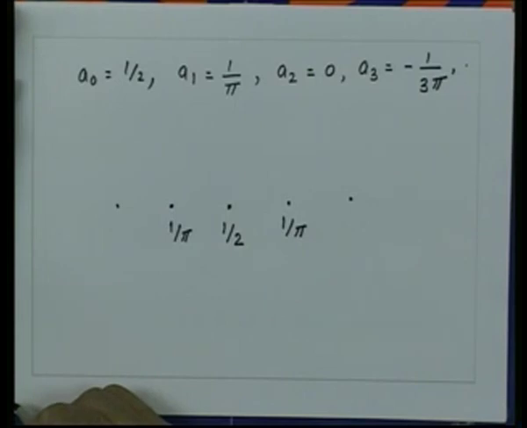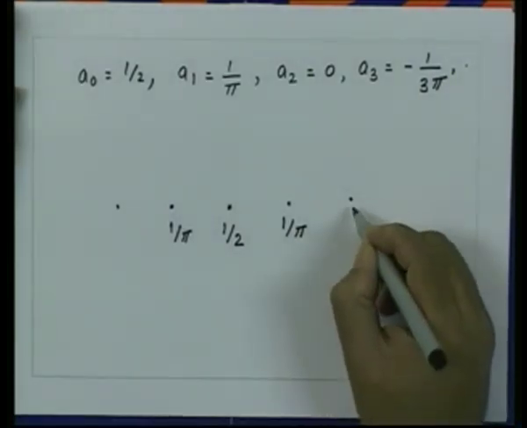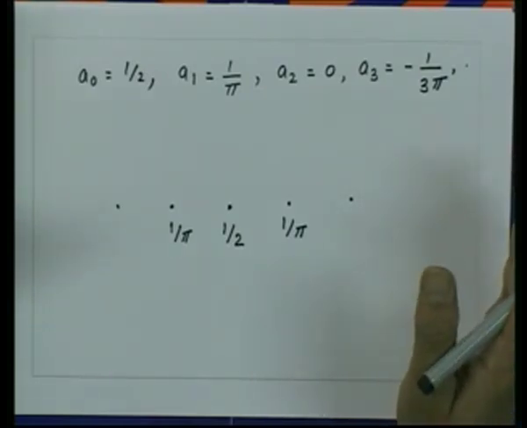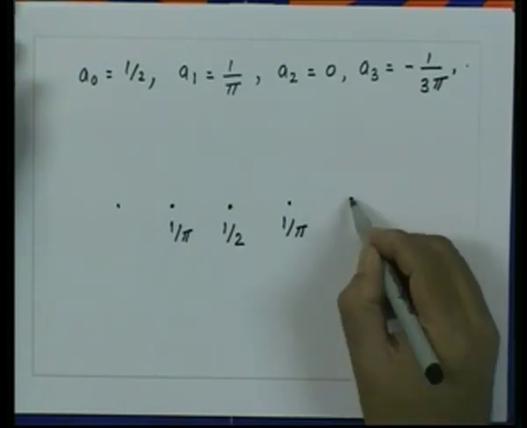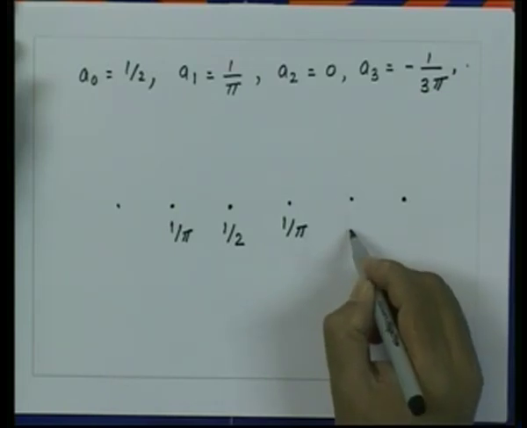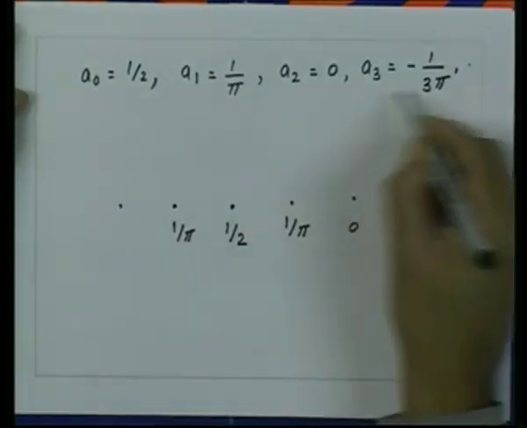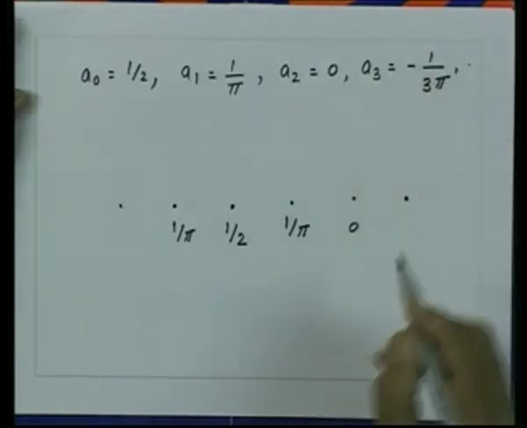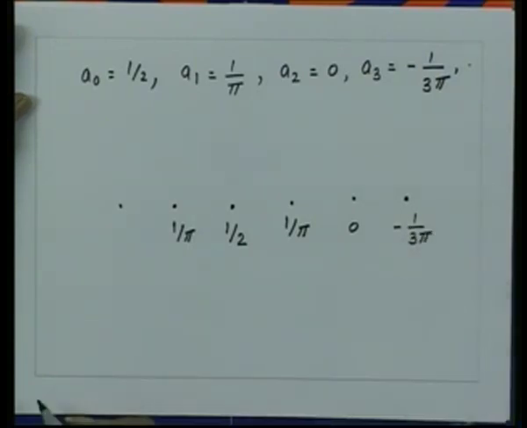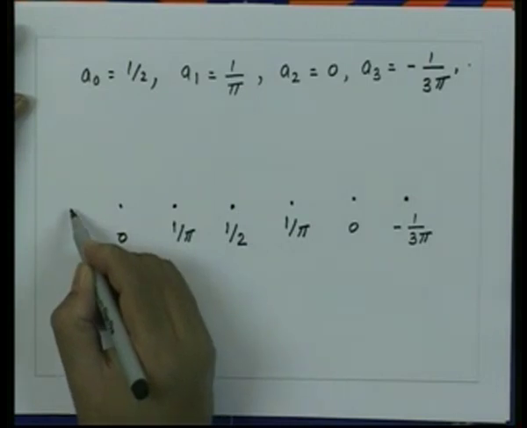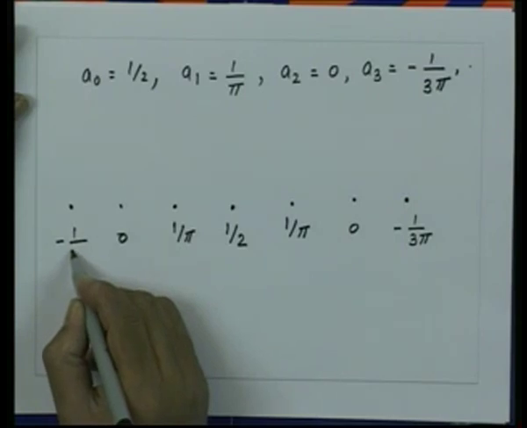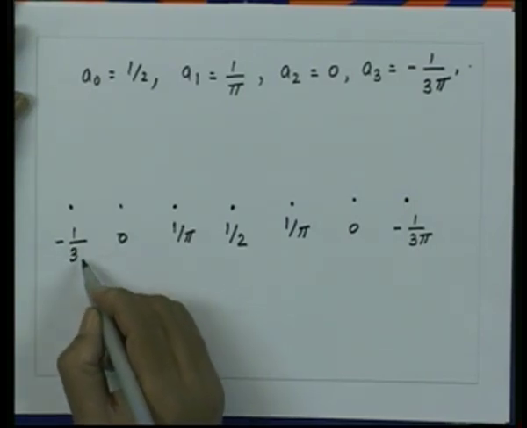The second quantity which corresponds to this element is 0, and since we are permitted to take 5 elements, we want to design an array which has 5 elements. Since this current is 0, we can take the next current. This element is not there, and for which the amplitude would be minus 1 upon 3 pi. Similarly, this current will be 0 and the next current will be minus 1 upon 3 pi.